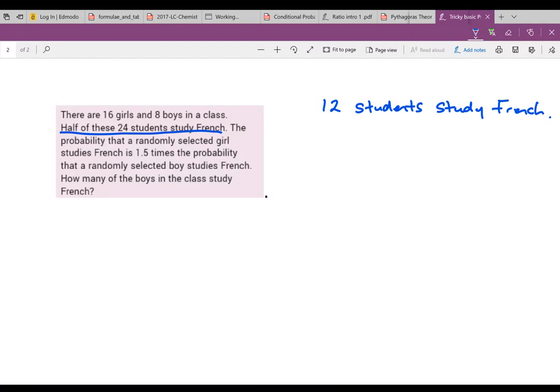There's a couple of different ways of going about this. The easiest one is to give a number for the girls and the boys. What am I asked for? I'm asked for boys. So let's start with boys. Let's say there are x boys that do French.